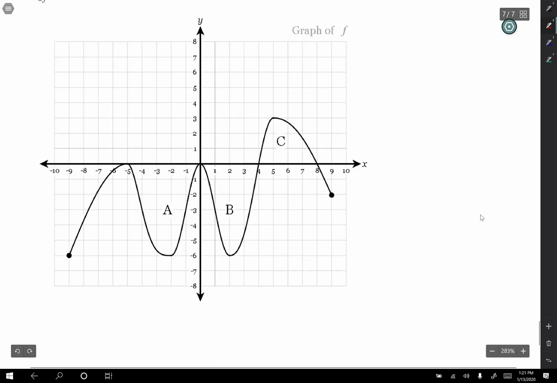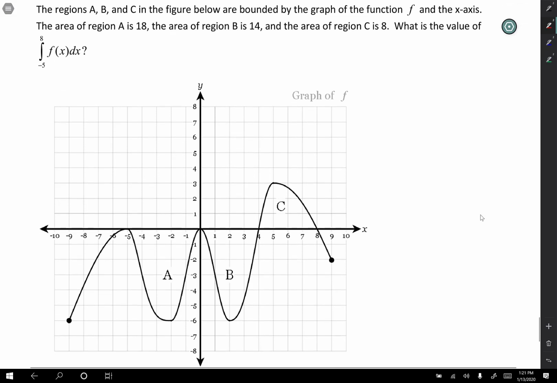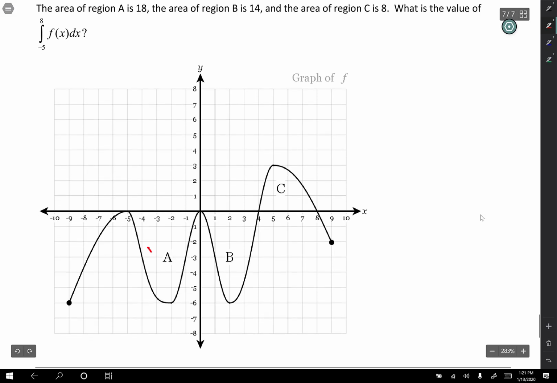Here's the last one. The regions A, B, and C in the figure below are bounded by the graph of the function f and the x-axis. The area of region A is 18, so I'm going to put 18 down here. The area of region B is 14, so I put 14 there. And the area of region C is 8, so I put 8 right here. What is the value of the integral from negative 5 to 8? If you're below the x-axis, it is negative, and if you're above, it's positive.